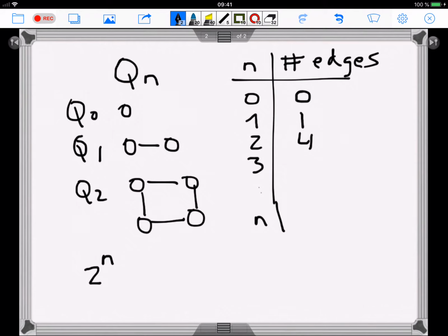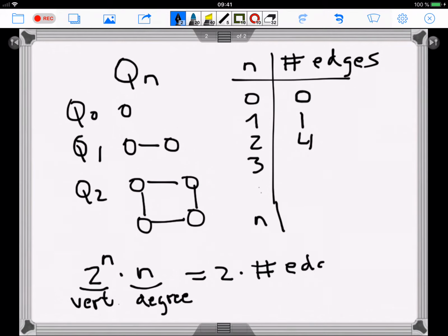So if we multiply the number of vertices times the degree of each vertex, we obtain 2 times the number of edges.